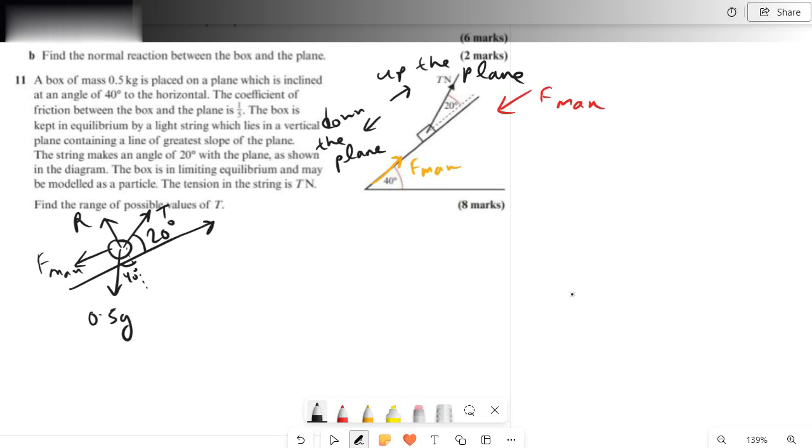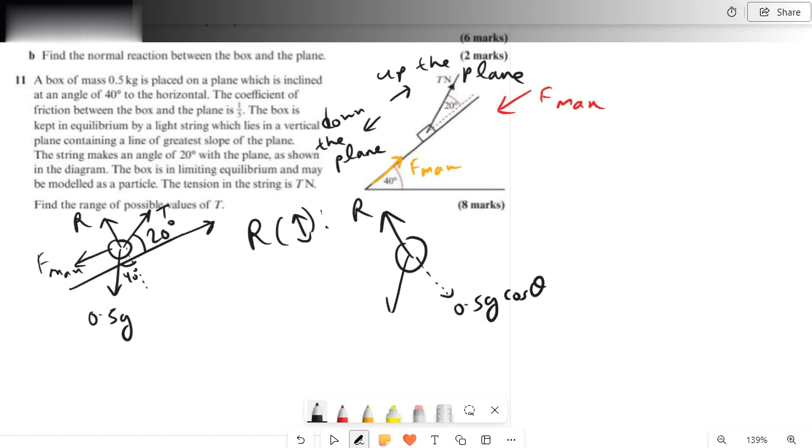So let's find an expression for the normal reaction force by resolving vertically with respect to the plane. We have R here, and this is going to be 0.5g cos theta, because this is 0.5g and this is theta, so this one should be cos theta. And towards the right, we also have T here with an angle of 20 degrees, so this should be T sin 20.